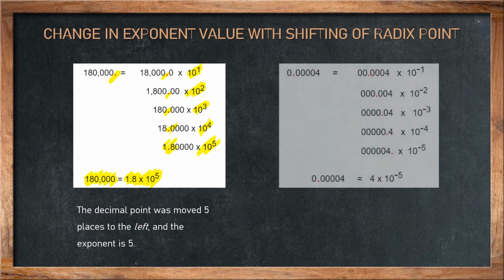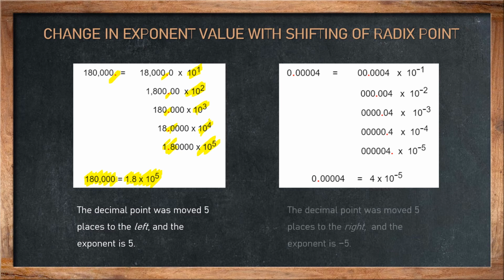Okay, in this way we saw how to shift to the left side. Now see what happens when you shift the radix point, or decimal point, to the right side. Okay, see, I have the number 0.00004.